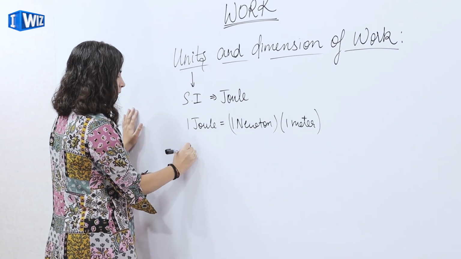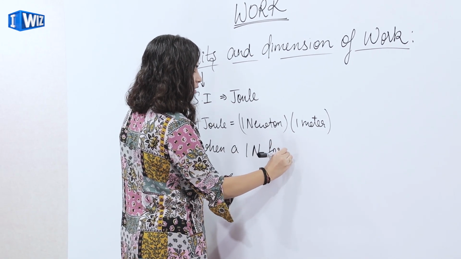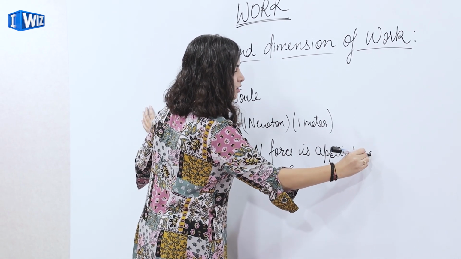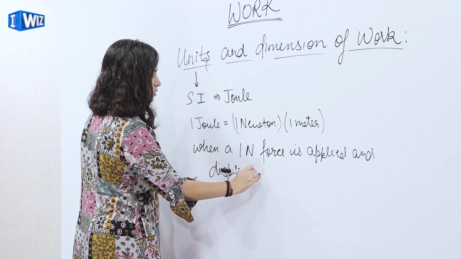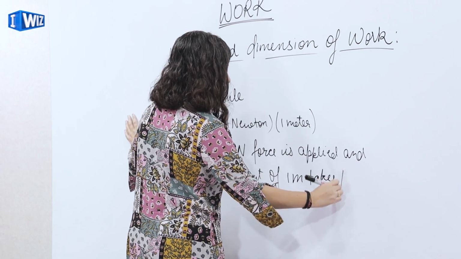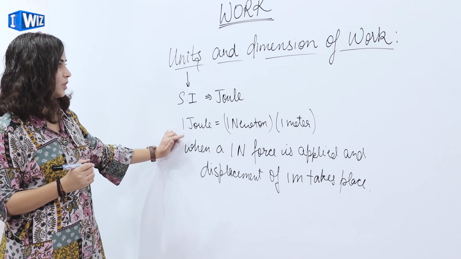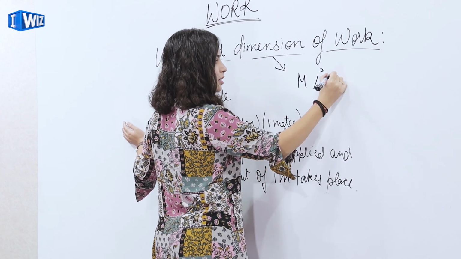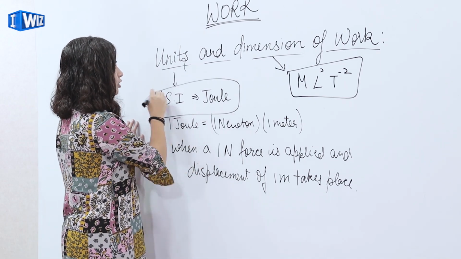That means when a 1 Newton force is applied and a displacement of 1 meter takes place, that defines 1 joule of work. Now dimensions are M L square T minus 2. These are the dimensions and these are the units of work.